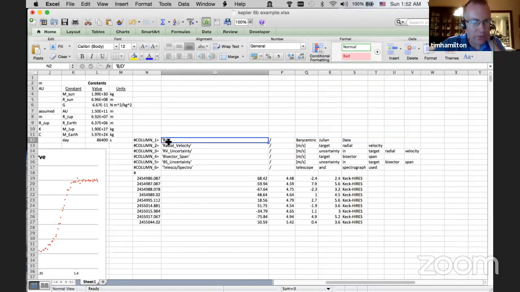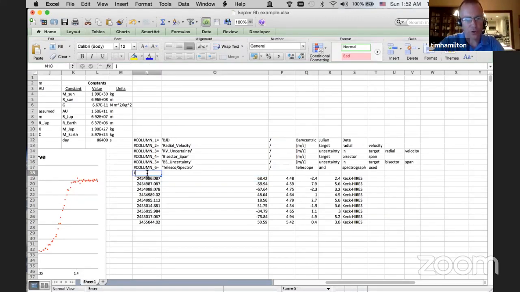Now, see, we've got barycentric Julian date. So that is at the center of mass of the solar system. Notice that this other one was the heliocentric Julian date, and there's not going to be a lot of difference for our purposes. We've got the radial velocity. Let's see, that's Julian date. That's radial velocity.